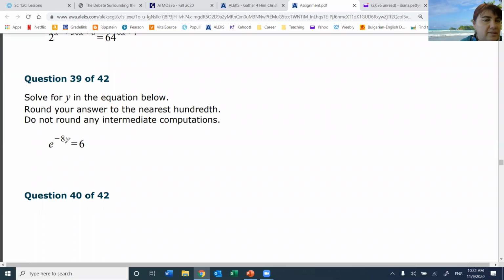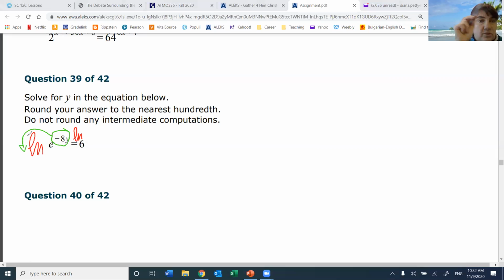Okay, but you need to extract this y from the exponent. Yeah, to both sides. You're going to apply the natural log to both sides. That's correct. So she's doing this. This means that the minus 8y would come in front, because the logarithm is the inverse function of the exponent.